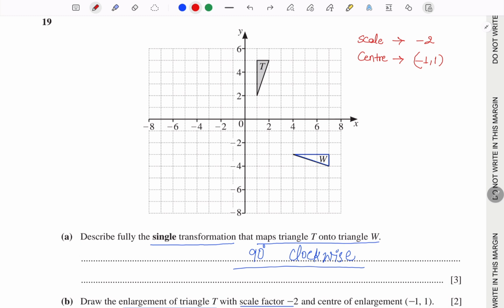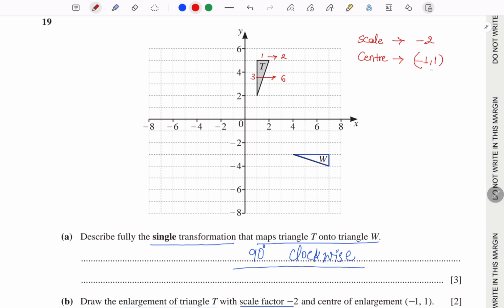Let's find all the sides of triangle T. This one is 1 unit, this side is 1, and this is 3 units. When we scale it with a factor of 2, this side should become 2 and this side should become 6. This is what we need to keep in mind.